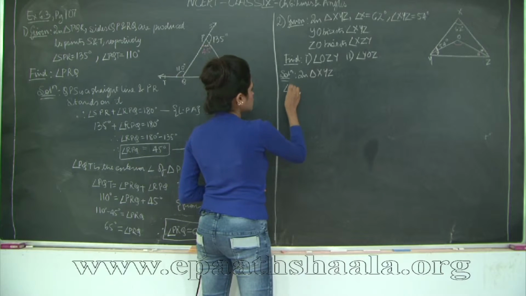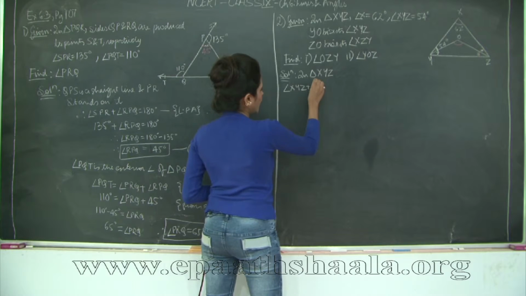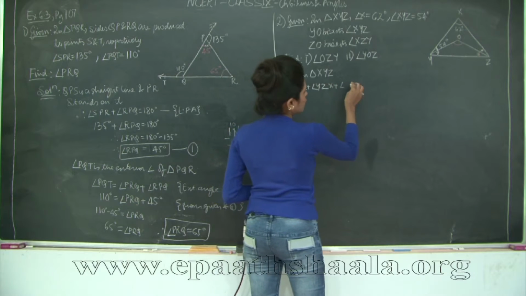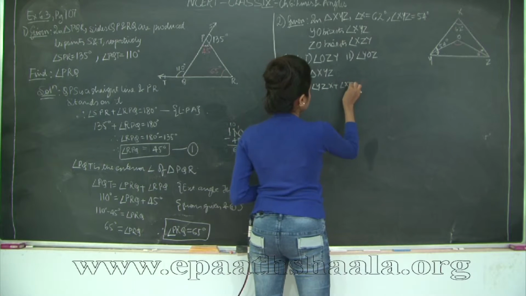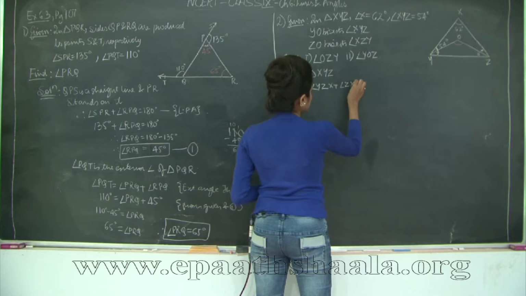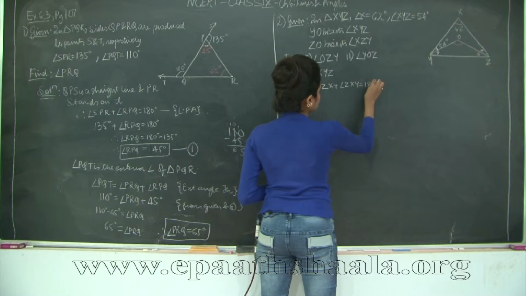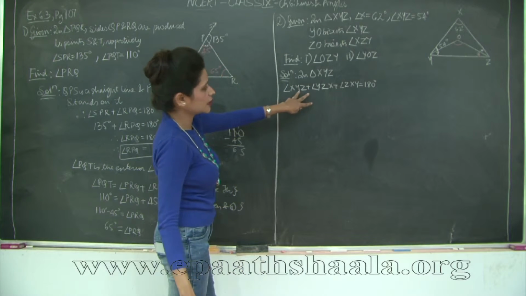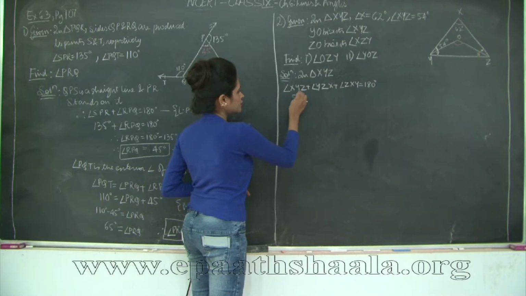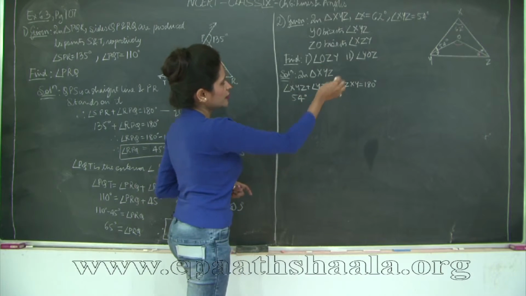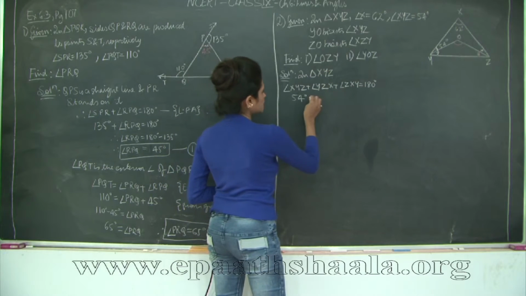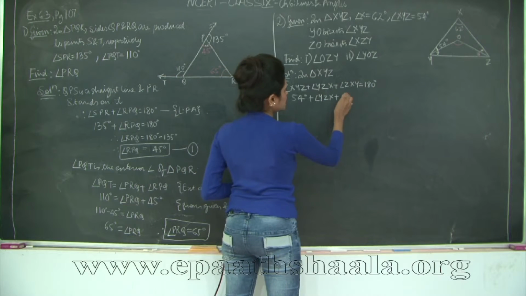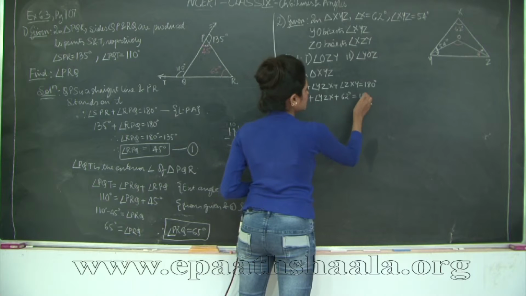So angle XYZ plus angle YZX plus angle ZXY is equal to 180 degrees. Correct? But what angles have we been given? We've been given X, Y, Z. So let's substitute 54 degrees plus, we've been given Z, X, Y. So we'll leave this as it is. Angle YZX plus 62 degrees is equal to 180 degrees.